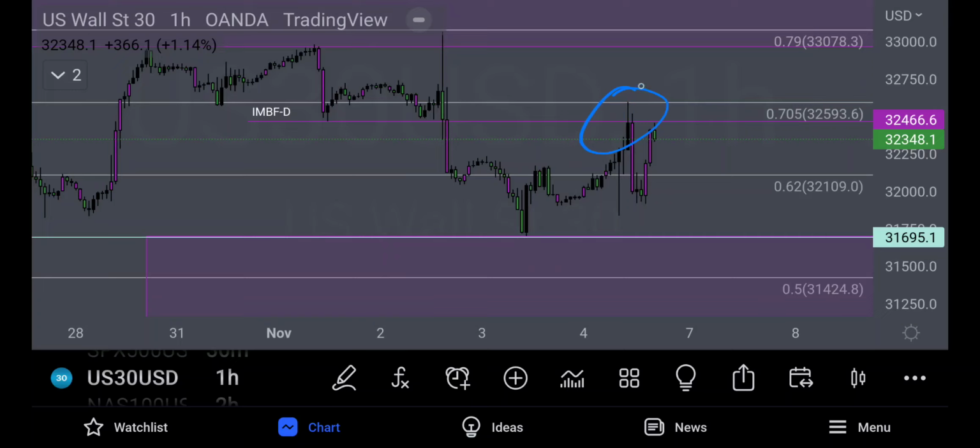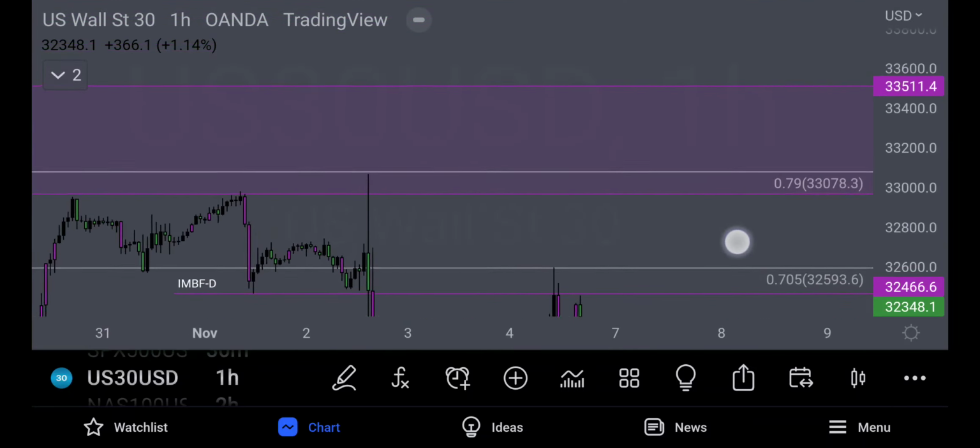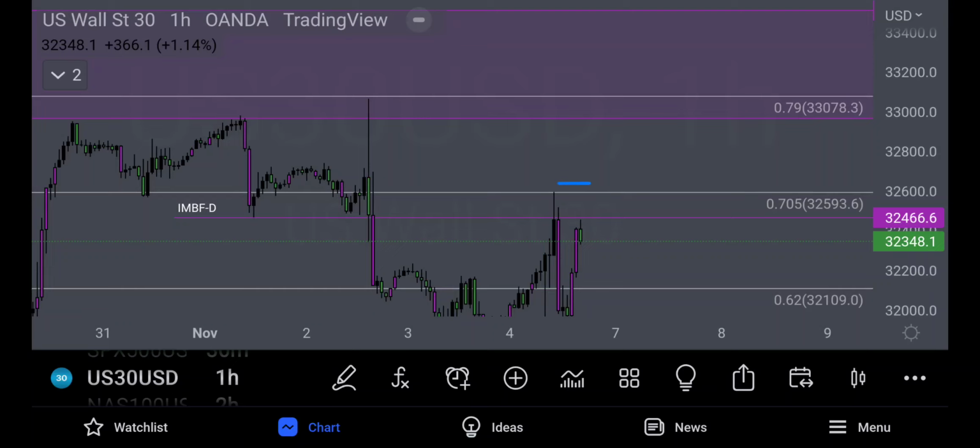So if this intermediate high is broken here on the 1 hour, then I will be looking for price to possibly push up, break this, and maybe go all the way and fill in the weekly BPR up here.